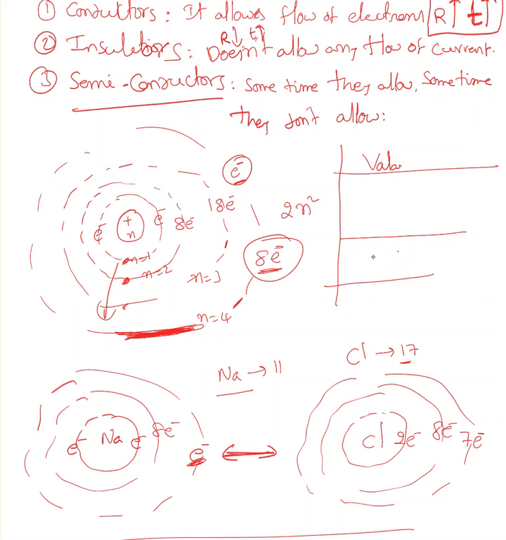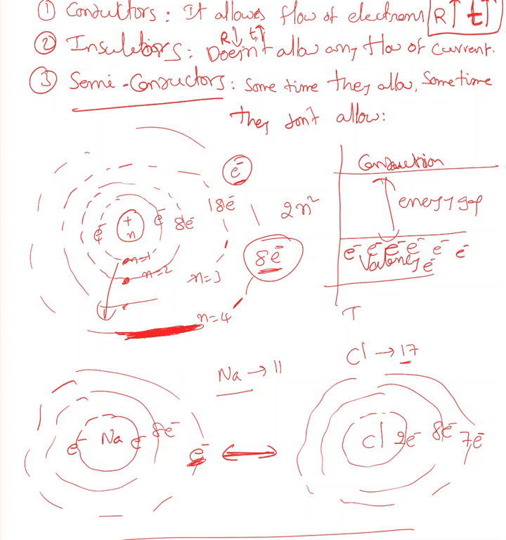Basically this must be valency and this must be conduction, and there is an energy gap. All the electrons are in the valency band. When we look closely into this orbit, we will see conduction band, valency band, and energy gap. So electrons are always in the valency band.